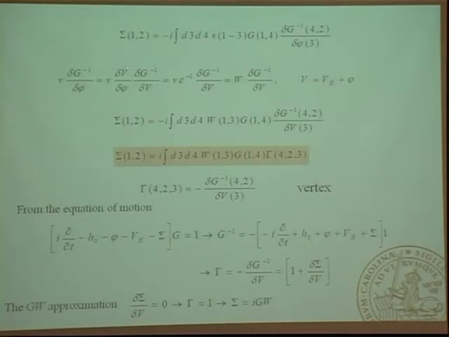In this way, the self-energy has the following expression. Instead of the original bare interaction, we have the screened interaction. Now this quantity here is usually called the vertex function. It's a 3-point vertex function. And so the formal expression for the self-energy is given by this quantity here.